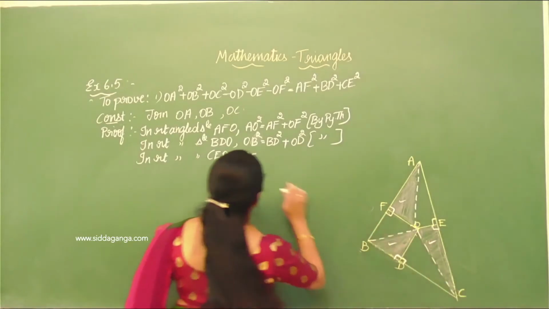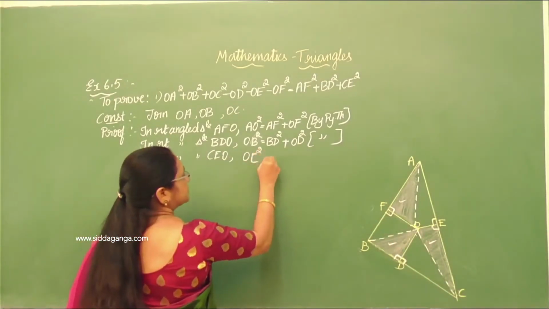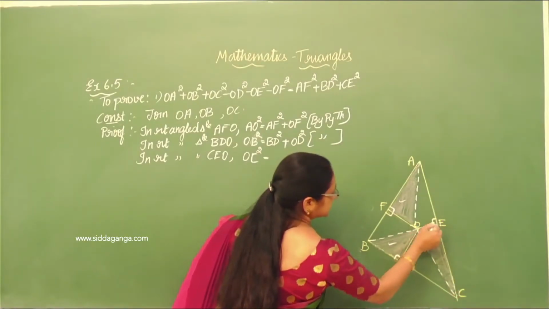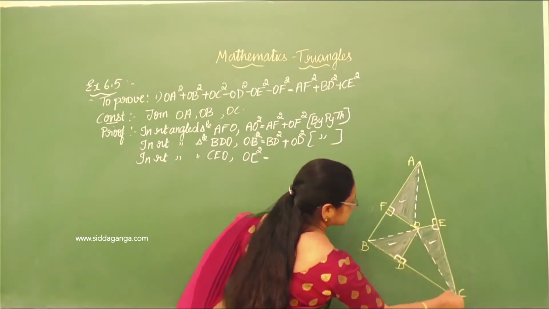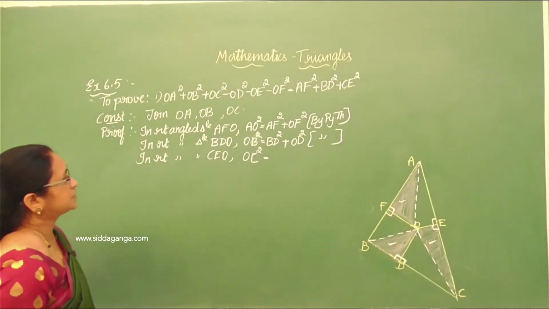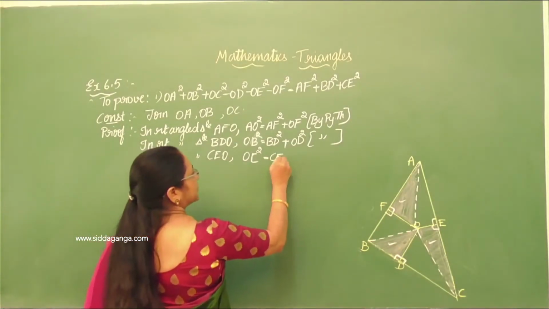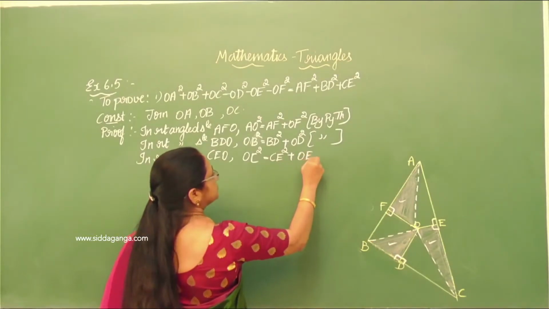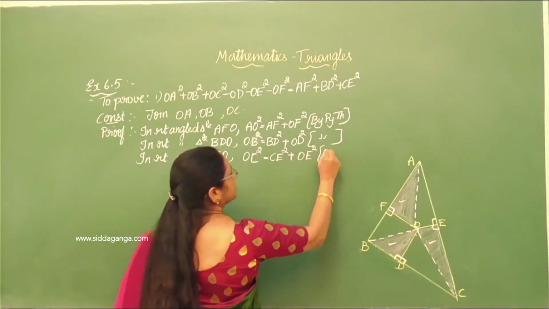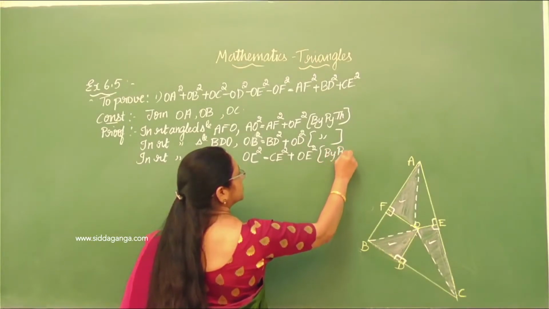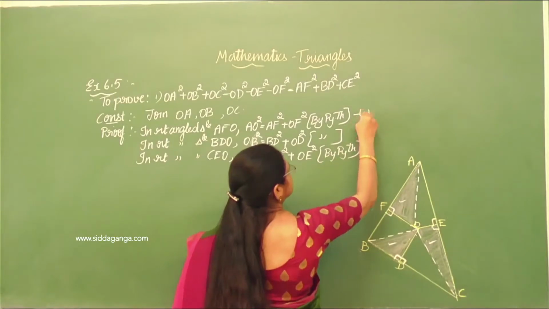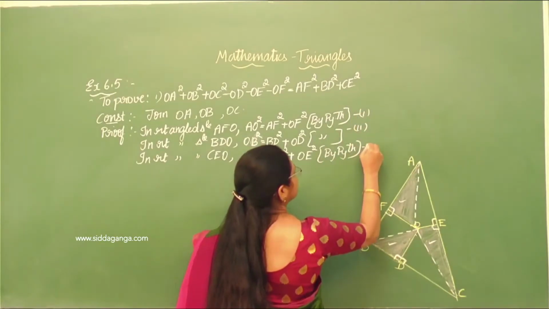Therefore OC square is equal to, this is the hypotenuse and these two are the sides, that is OE square plus EC square. Correct. CE square plus OE square, again by Pythagoras theorem.